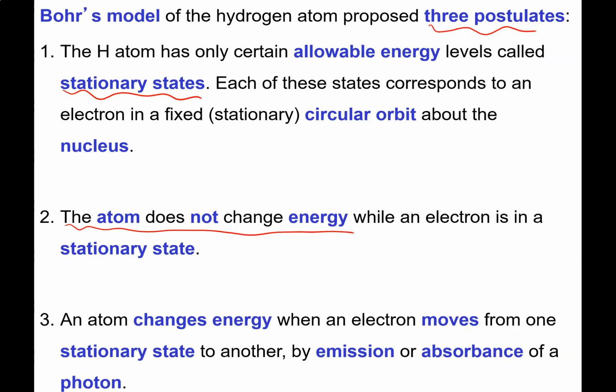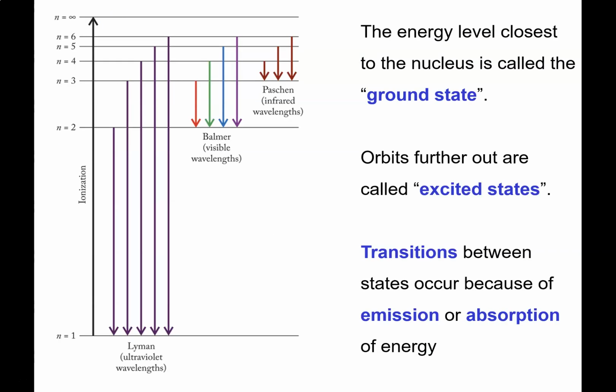Then he went on to say that an atom changes energy when an electron moves from one stationary state to another, and how it does this is either by emitting a photon, that is losing energy, or absorbing a photon, that is gaining energy. So it looks like this. This is a pictorial description of a bunch of emissions of hydrogen.